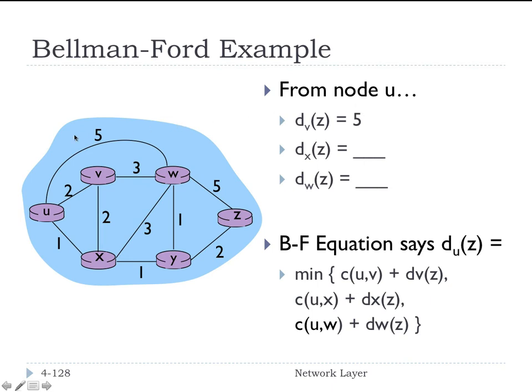What we want to compute is, given these three pieces of information, which are the d values for our three neighbors, what is the least cost path from u to z? That is d sub u of z. Does that make sense, the question we're asking?